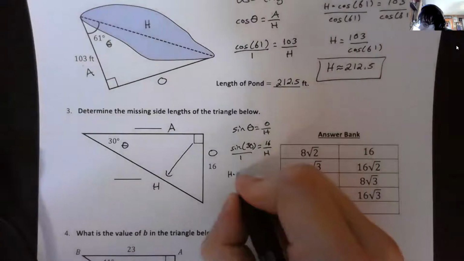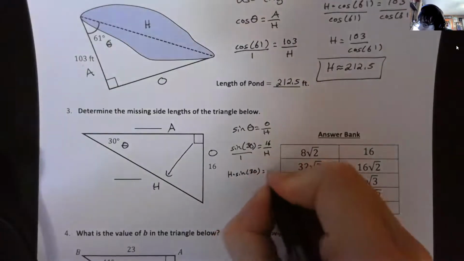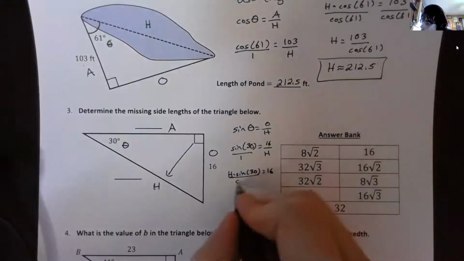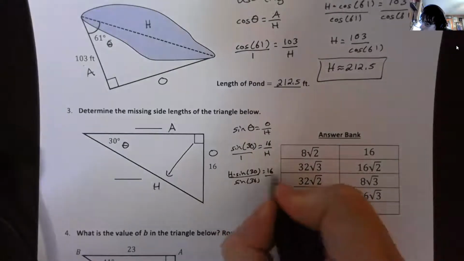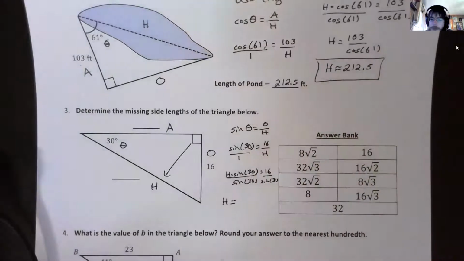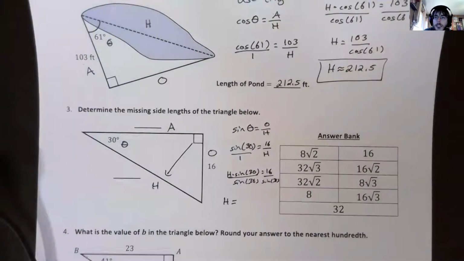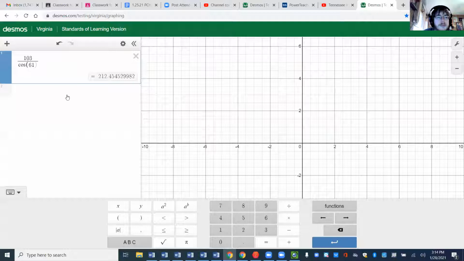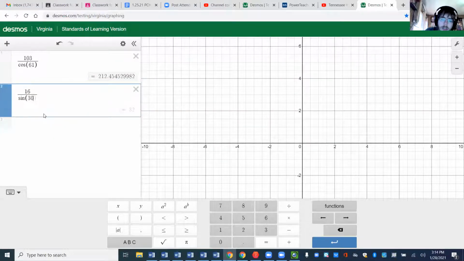We get H times sine of 30 is equal to 16. Divide both sides by sine of 30. And that means that H is going to equal, and if you type in 16 over sine of 30 into Desmos, you get that H is equal to 32.